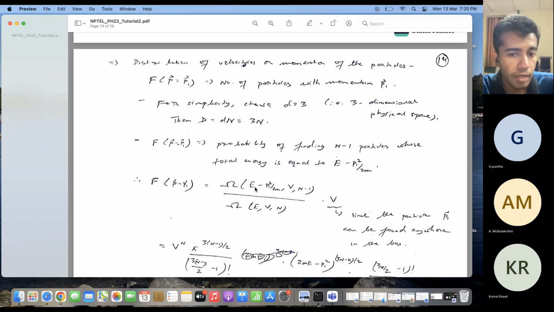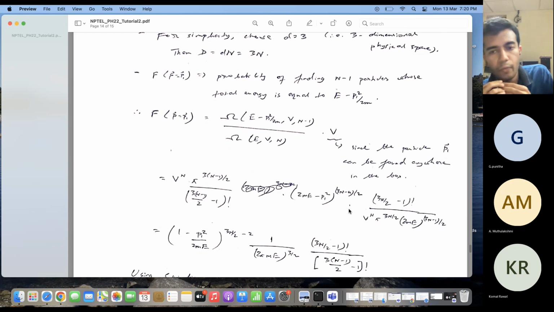Okay, so the total number of microstates which I can form with the other particles is given by Omega of E minus p1 square by 2m, V, n minus 1. So these are the total number of arrangements which I can form with all the other particles, and this I multiply with a factor of V. Why?